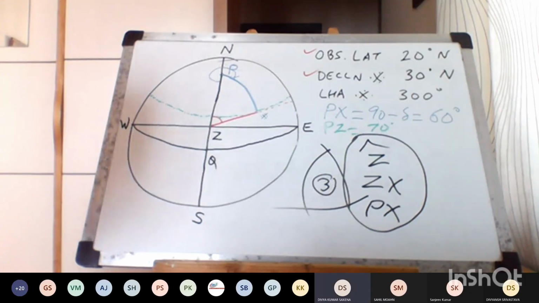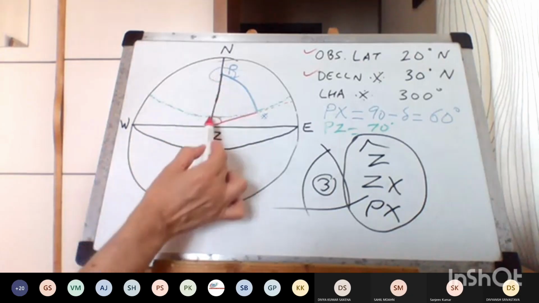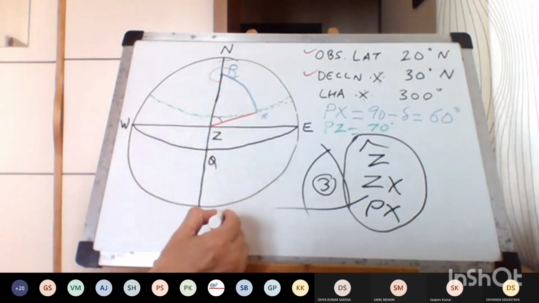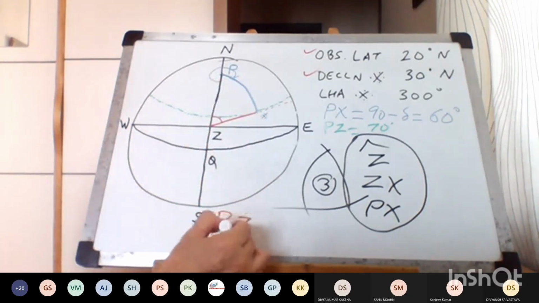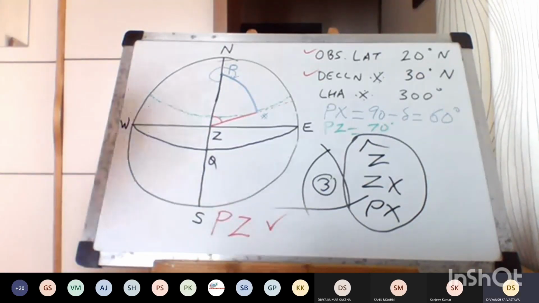PZ, to find the latitude. What did we set out to find initially in the first class, by means of celestial observations? Our own position, sir. Our position, latitude and longitude. So PZ is a side of the triangle PZX. So if I find PZ, I can get my latitude, 90 minus PZ, yes or no?